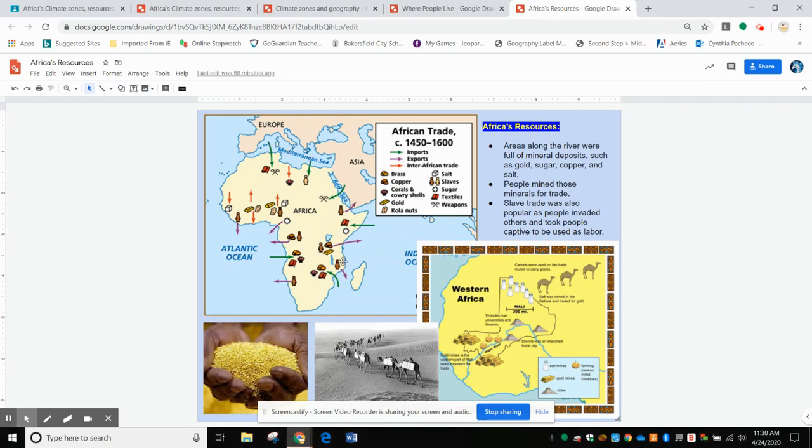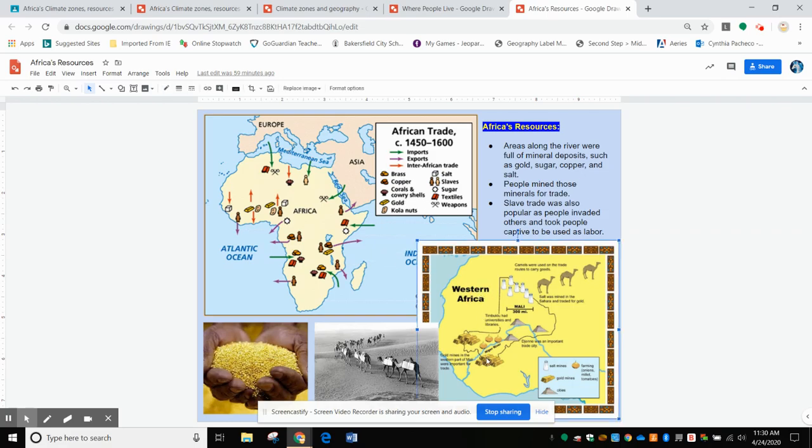A lot of things were pretty much left and people found out that they were very valuable. So they started mining those minerals. We weren't really professional with creating textiles or weapons, not so much as the Europeans and the Asian trade. But for now, we did a lot of exporting of minerals in West Africa.